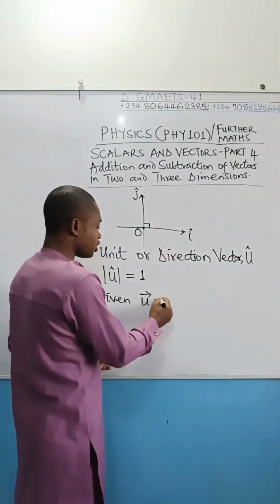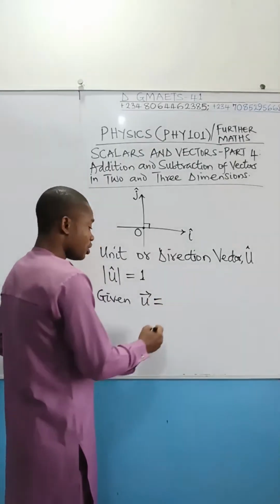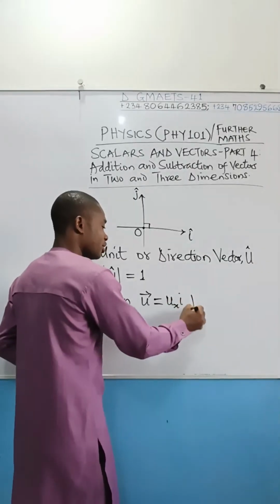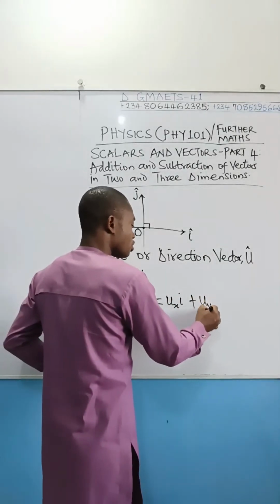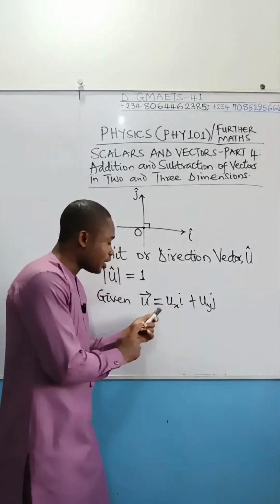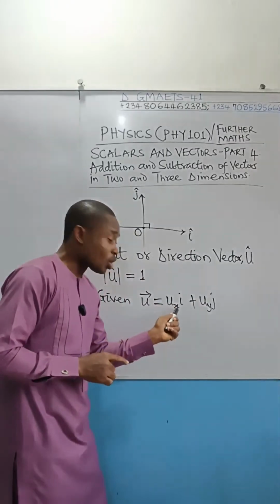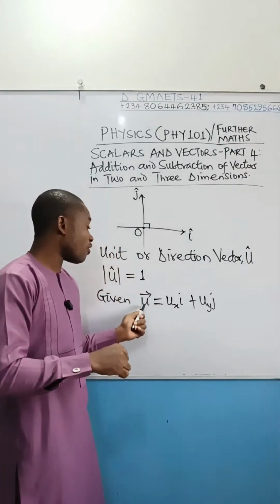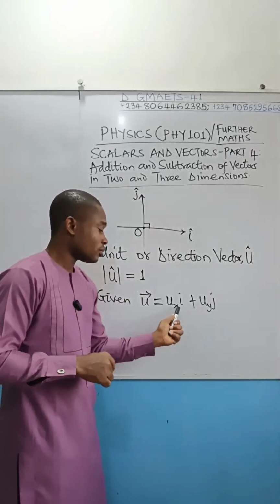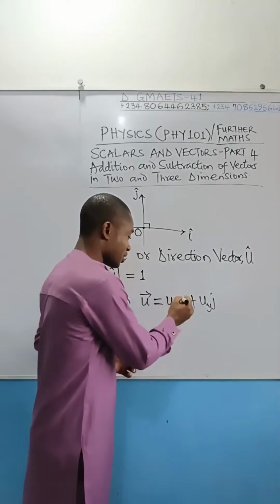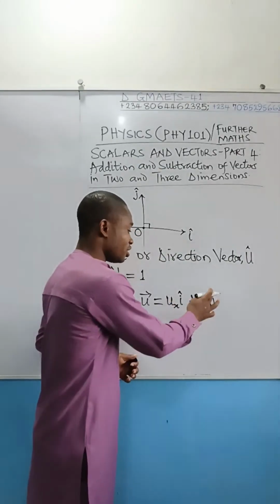In 2 dimensions, for example, u is equal to u sub x i plus u sub y j. This means the scalar component, this u sub x means scalar component of vector u along the x-axis. The direction is this i you are seeing.